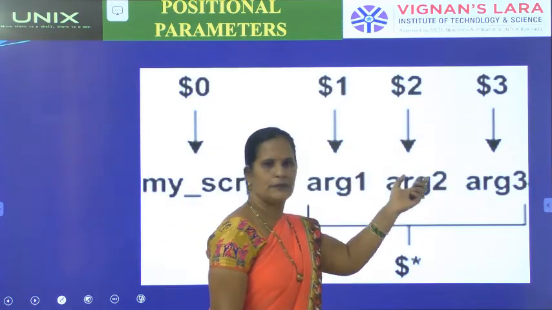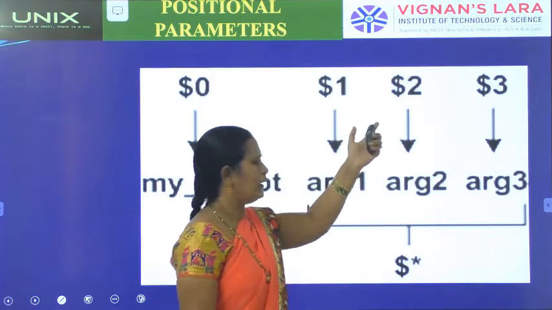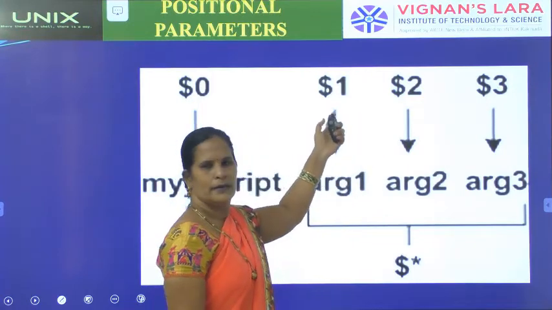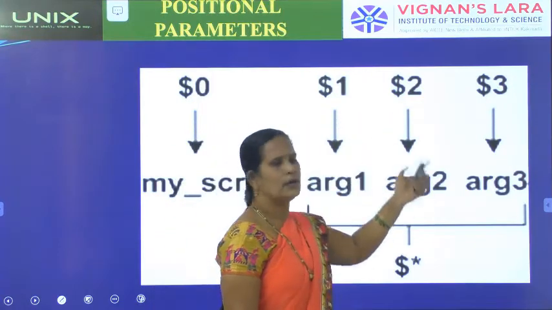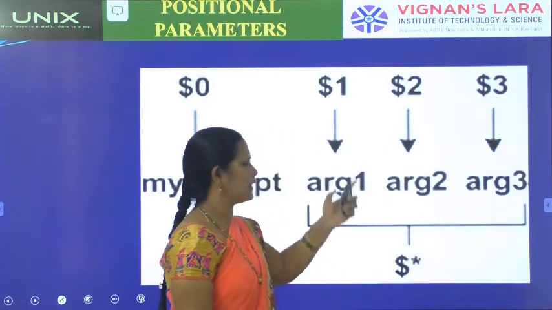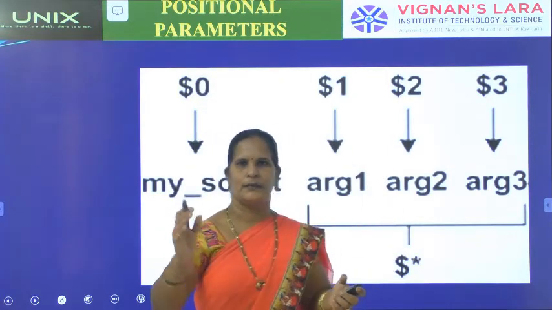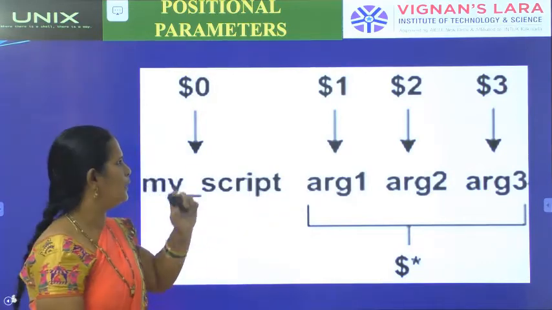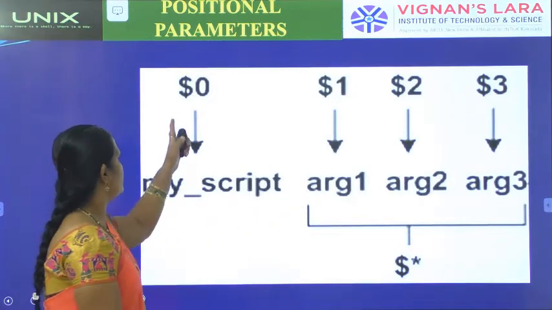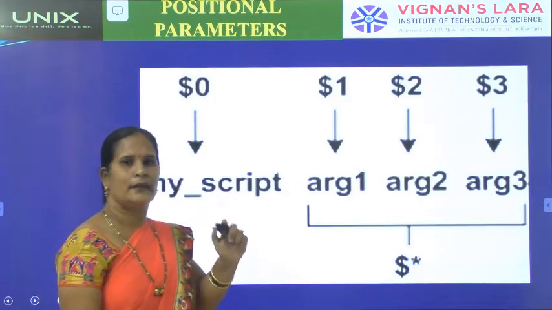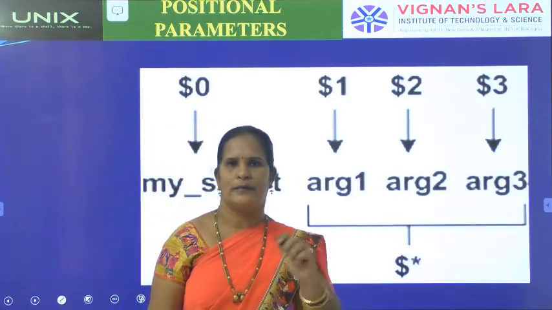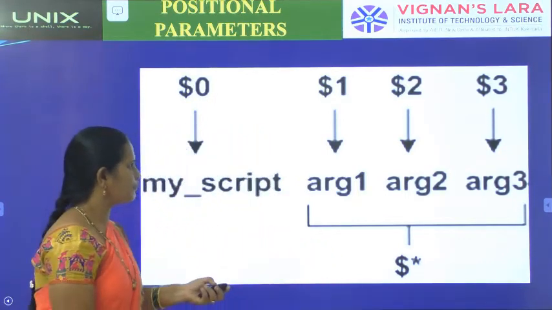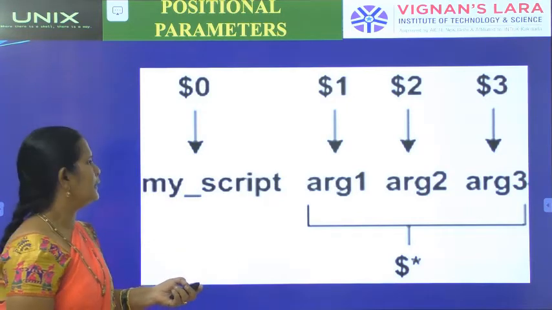The positions of these arguments are specified here. Argument 1 position is $1, argument 2 position is $2. Like that, the range starts from $1 and ends with $9. $1 to $9 are the only positional parameters, whereas $0 indicates either the command name or the file name. So this is the syntax.